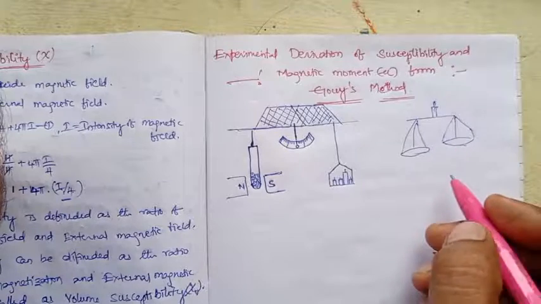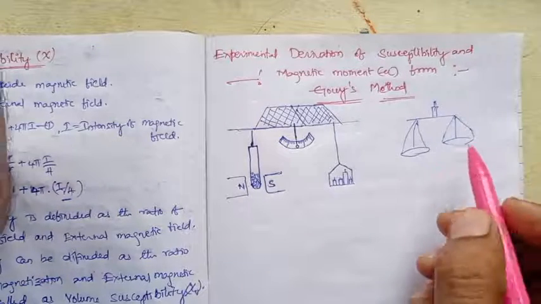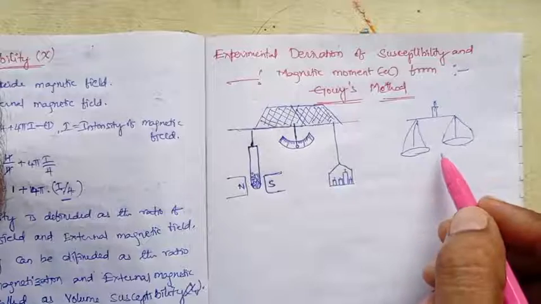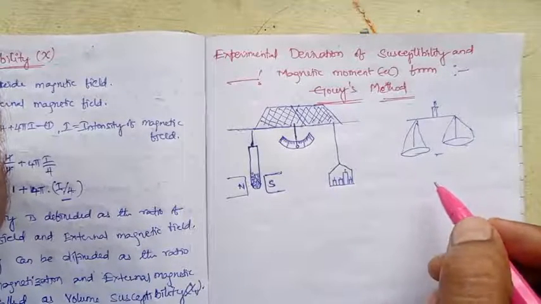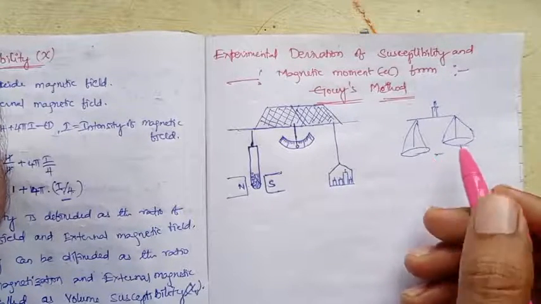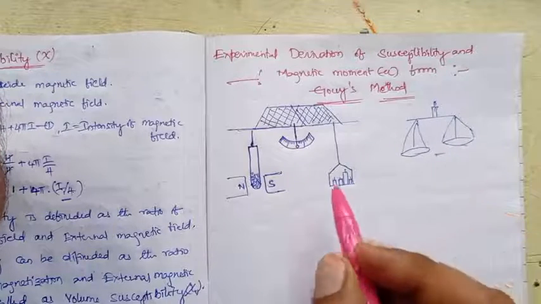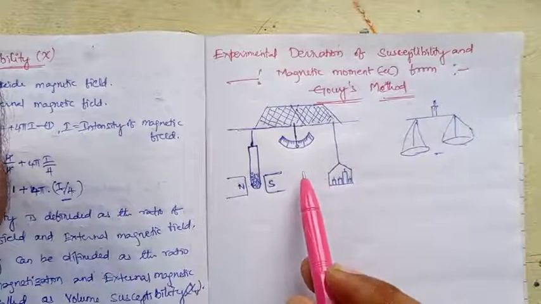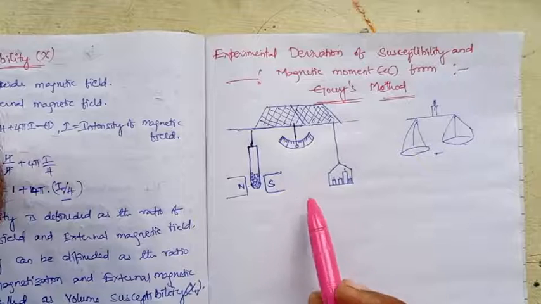In the older days the vegetable markets had this type of two pan balance to weigh the vegetables, right? Similar to this there will be the Gouy operator.